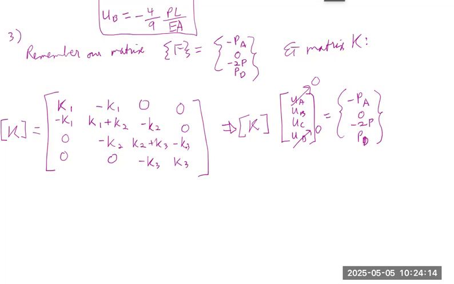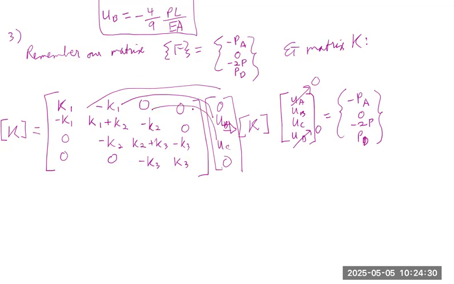Matrix multiplication does not work like that. We have the K matrix multiplied by 0, UB, UC, and 0. So we're going to have 0 times K1 minus K1 times UB plus 0 times UC plus 0 times 0 is equal to negative PA.